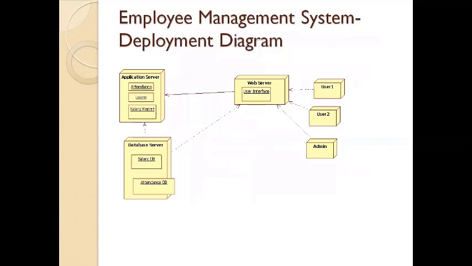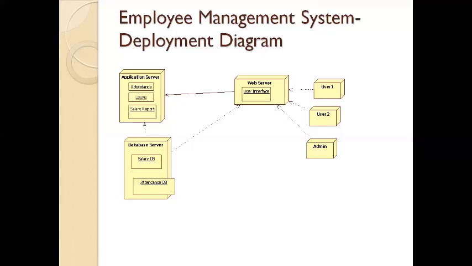Now, the deployment diagram which we are going to draw for the employee management system is like this. In this diagram, we have shown three servers: the application server, database server, and the web server.